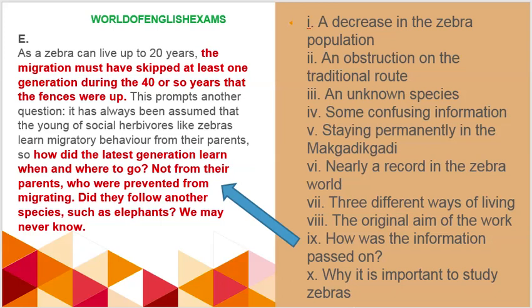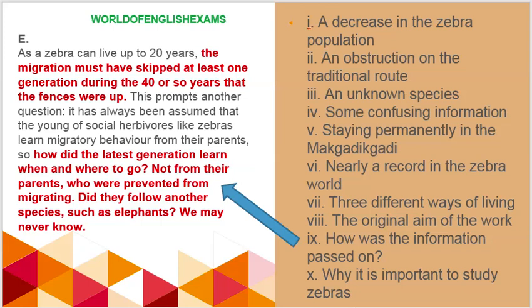So obviously, the animals were prevented from moving across the fence. So that's the reason the migration must have skipped at least one generation, because they were unable to move. Okay, so now this gives us a clue that something about generations is being spoken.